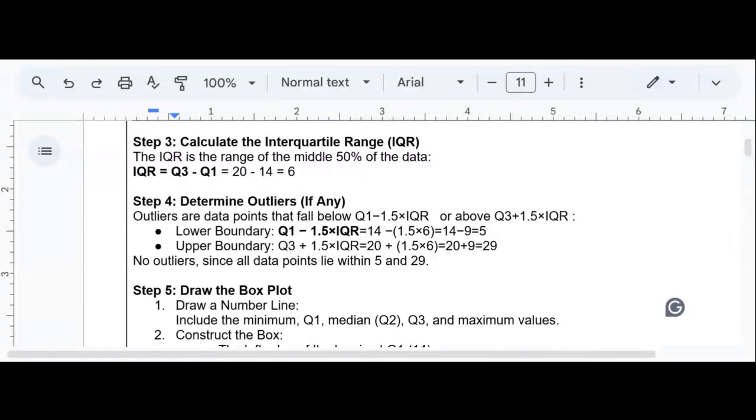How much is quartile 3? 20. Can you tell me how much this is? 29. So where is 29? Over here. If this number is 30, outside that will be an outlier. But since 25 is less than 29, then you don't have an outlier.